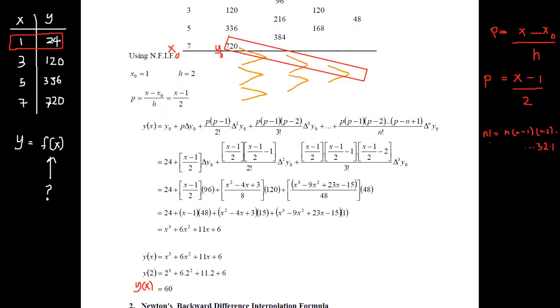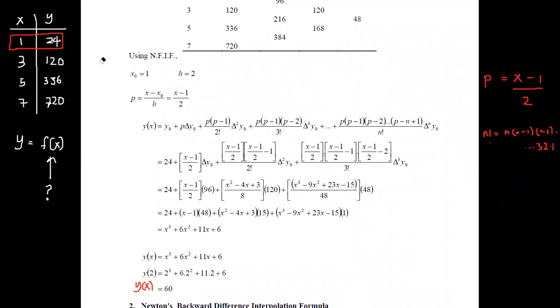Now think about this part. If the table is given for you and you are asked to obtain a value for x equals 2, this is what they are asking.